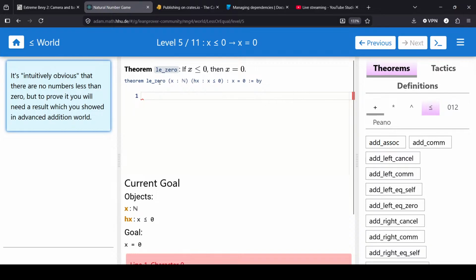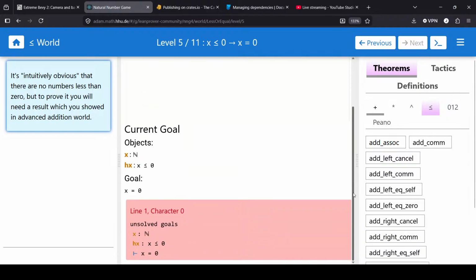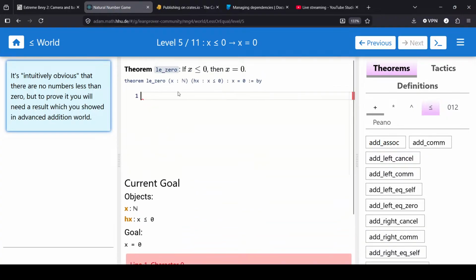We have le zero. Okay, so how do I do this? So this is still use world, right? We still want to use... French moment. Ho ho ho, baguette.